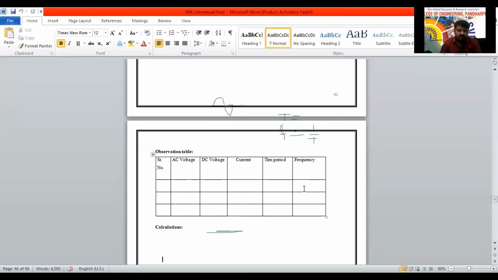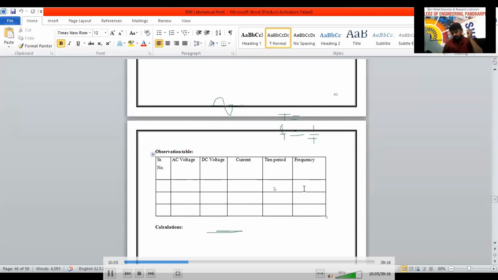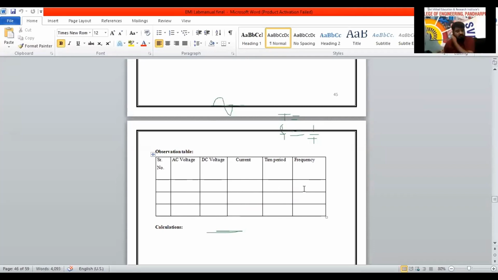I will join by mobile and I will go to the kit. What happened to this? Just a minute. The last experiment today actually. The screen is rotated. So what I will do, I'll stop sharing here.